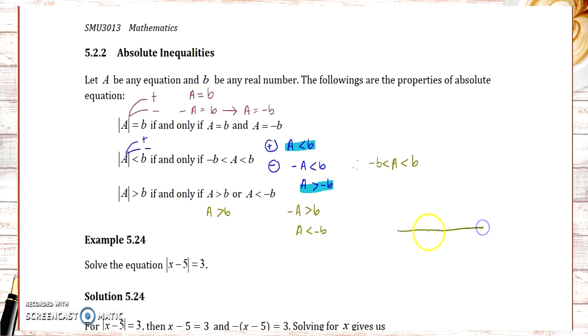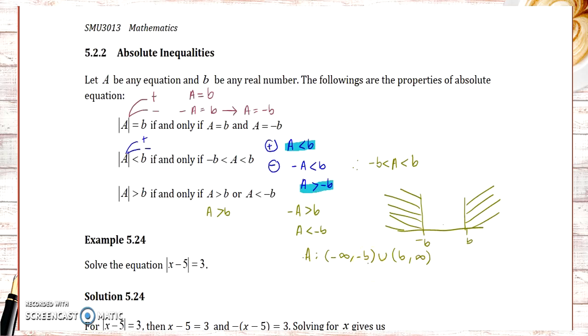If we draw the regions, we have negative b and b. One is A greater than b and another one is A less than negative b, the area on the left side of negative b. Therefore, the solution can be from negative infinity to negative b, union with from b to infinity.